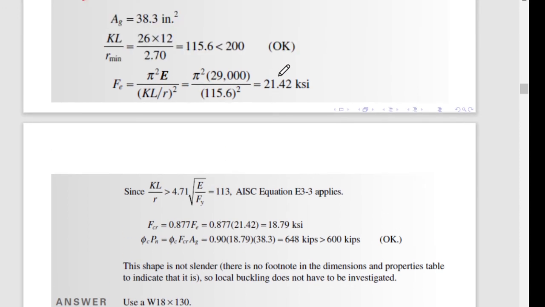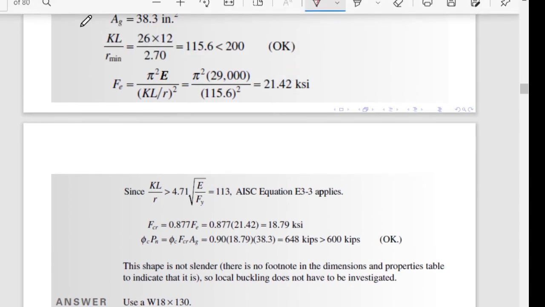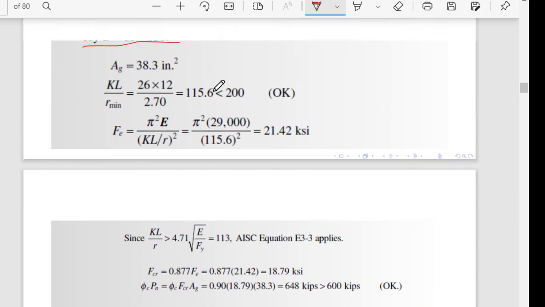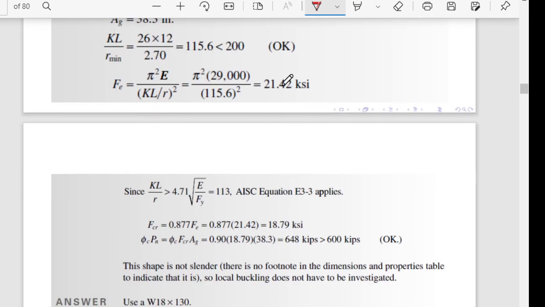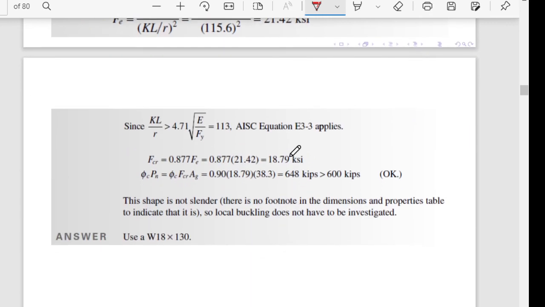Using the computed FE of 21.42 for the new section, substitute to get FCR, and use this value to compute the design strength, which is finally greater than the 600 kilopounds factored load. So, okay, this is good.